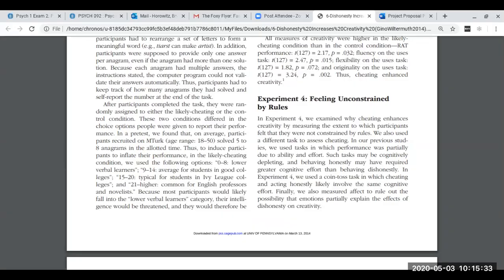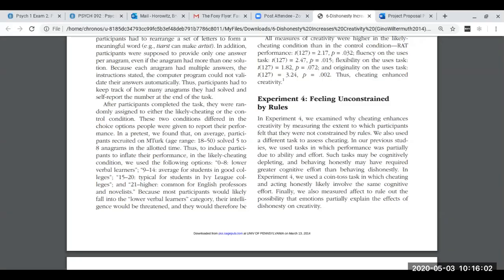Such tasks may be cognitively depleting, and behaving honestly may have required greater cognitive effort than behaving dishonestly. In experiment 4, we used a coin toss task in which cheating and acting honestly likely involved the same cognitive effort. Finally, we also measured the affect, which is mood, to rule out the possibility that emotions partially explain the effects of dishonesty on creativity.